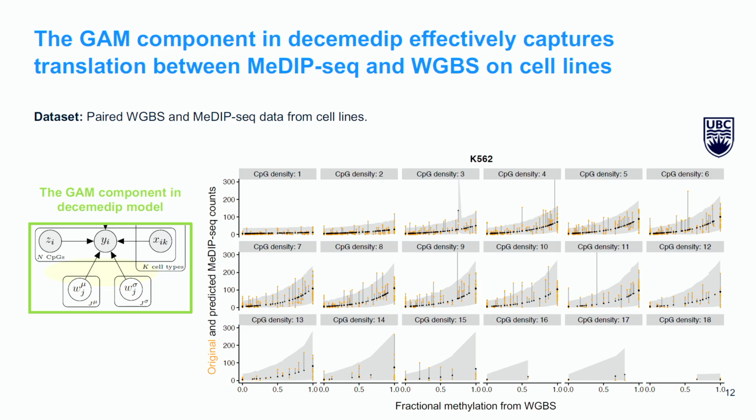We use them as X and Ys, and fit this GAM model on them. Here, the orange dots are the original counts from the CpGs in the reference panel, and the black dots are the predictions. Most of the time the posterior credible interval covers the original counts, and the prediction seems to be doing pretty well. So this validates the modeling choice.